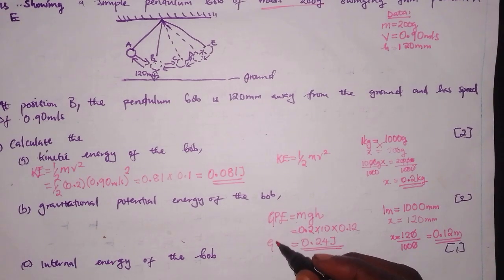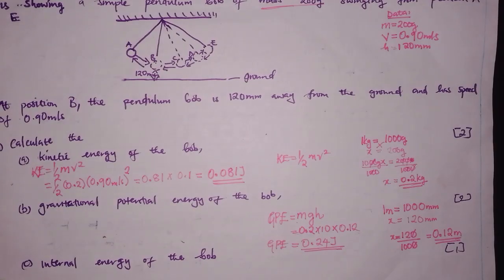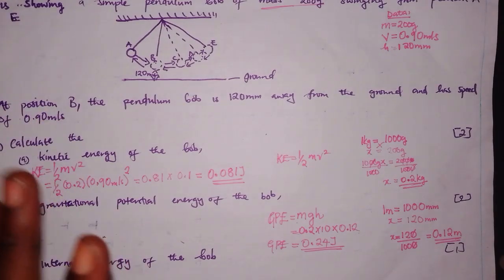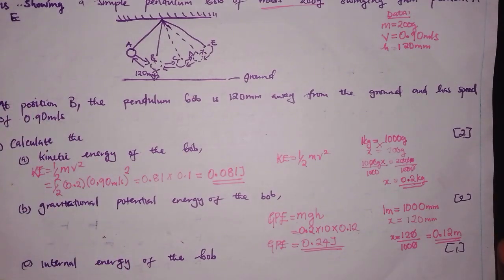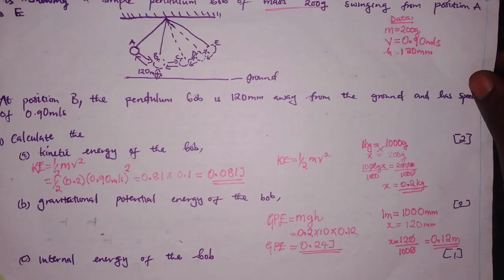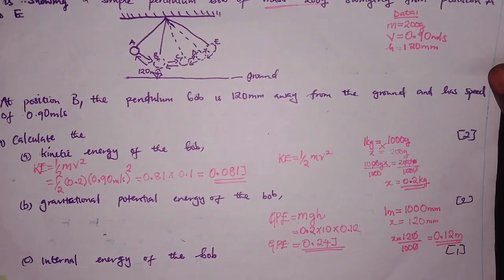So this was our gravitational potential energy, 0.24 joules. This is how simple questions are if you understand the question from the basics. So start building up from the question itself.